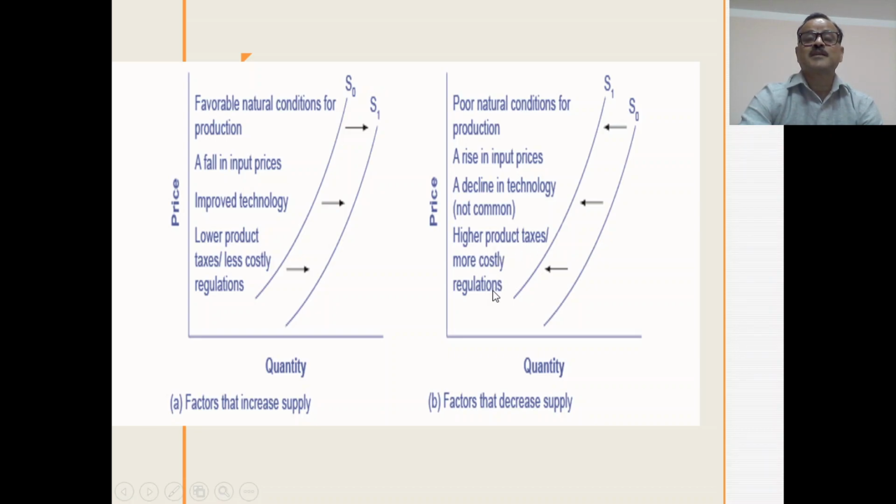All these factors cause the supply curve to shift backward. Whether it shifts forward or backward, all these factors are working under the non-price factors. So this is the shifting case of the supply curve. Here you can see factors that increase supply, factors that decrease supply.